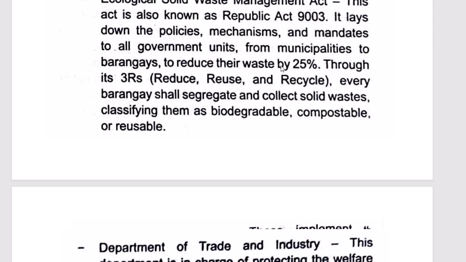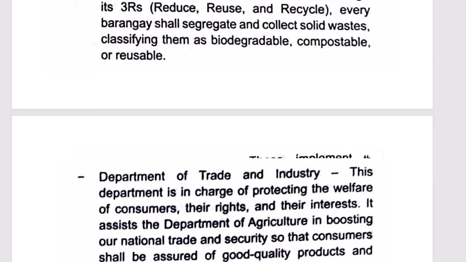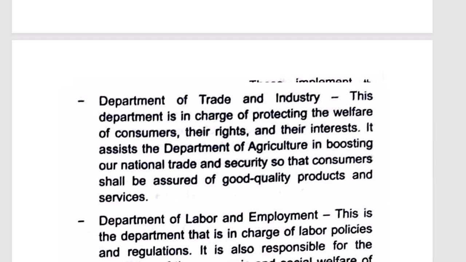Every barangay needs to reduce their waste by 25% by doing the reduce, reuse, recycle, and they have to classify their trash or solid waste into biodegradable, compostable, or reusable.